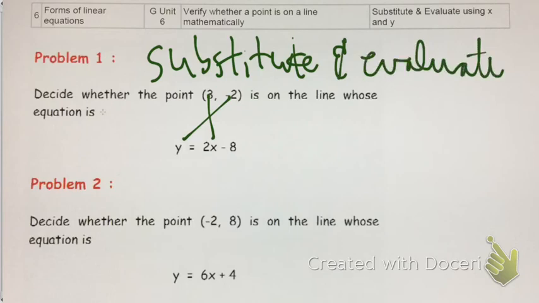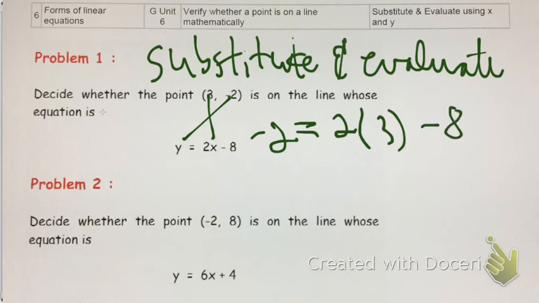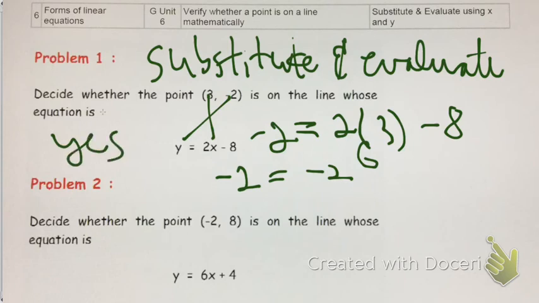So we just say negative 2 equals 2 times 3 minus 8. So when you think about that, 3 times 2 is 6. 6 minus 8 is negative 2. If the equation balances, you must say, yes, it's on the line.